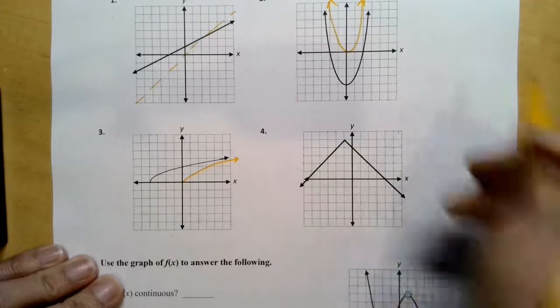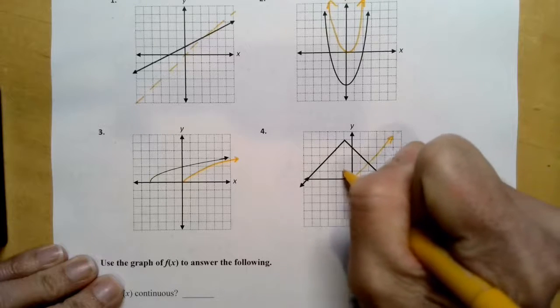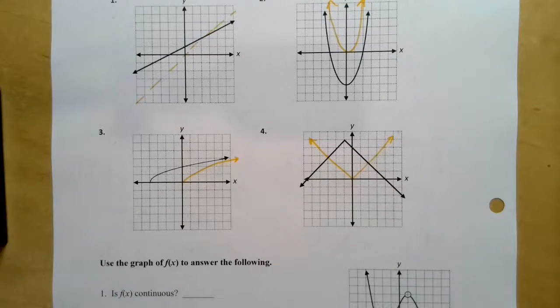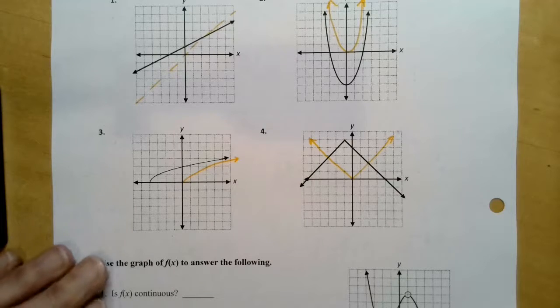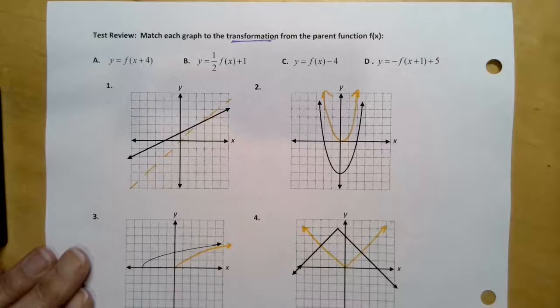And this absolute value parent function is where I have this kind of idea. So I have to picture the line starting at the origin and then how has it changed since then. All right, so let's go upstairs, up top and look at each of these different equations.